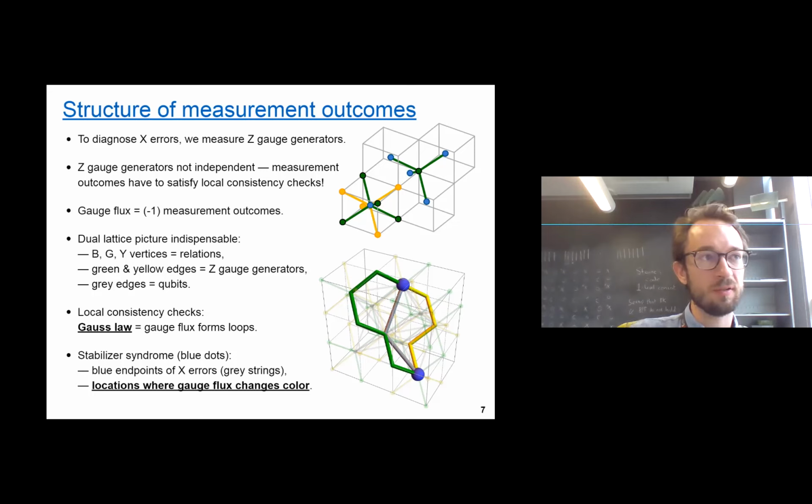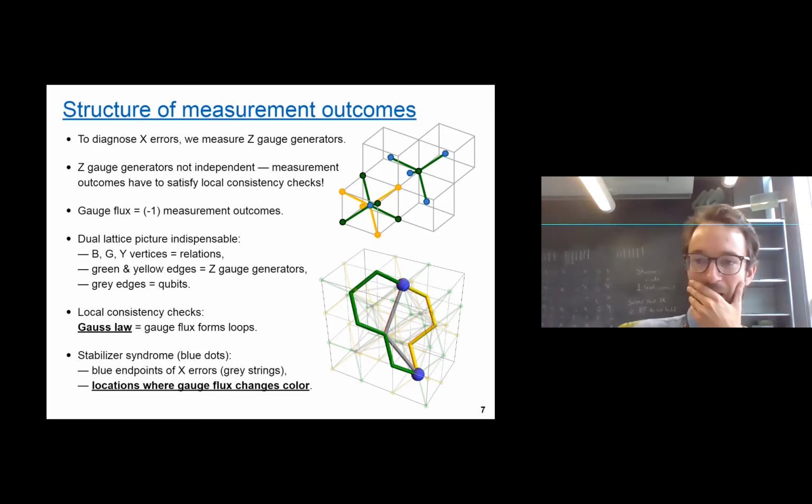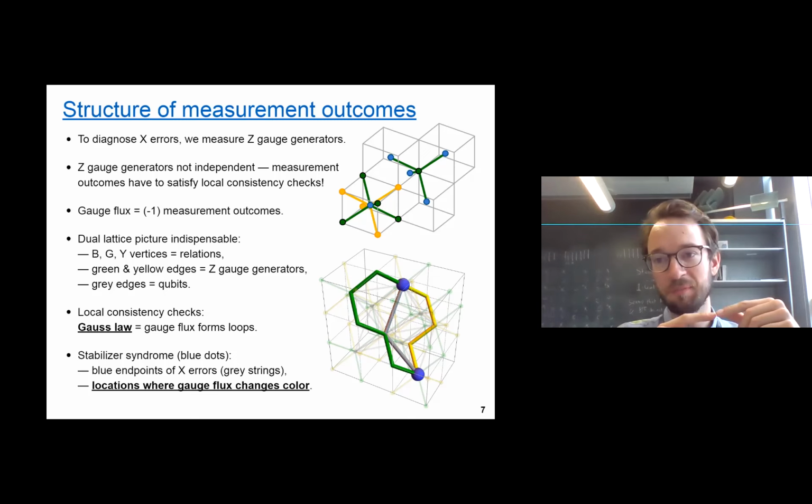So you write down some sets of linear maps to describe this, and exactly, it's like the relation syndrome of the flux must be zero. But what it's saying is that at each of these vertices, the gauge operators containing each of these vertices have to multiply to the identity.